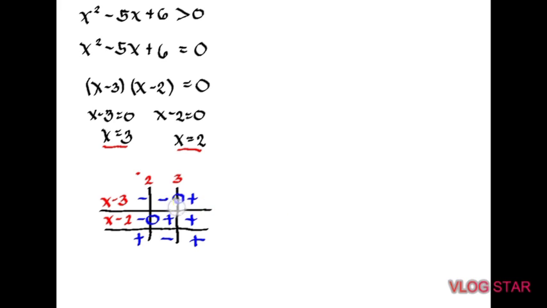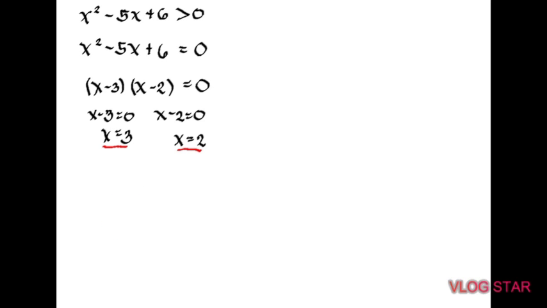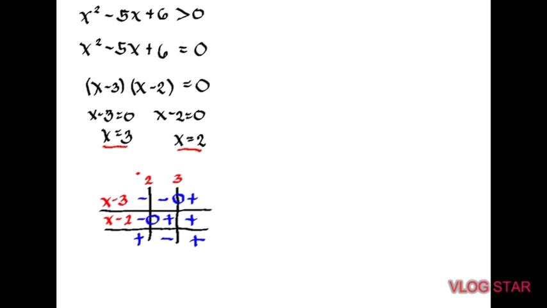That is why on the right side of zeros, you can see positive symbols. Now, the next thing we should do after writing the negative and the positive symbols on the left or right side of zeros is that we multiply the signs vertically to get these symbols on the bottom.